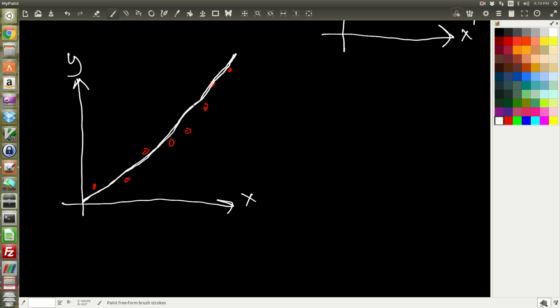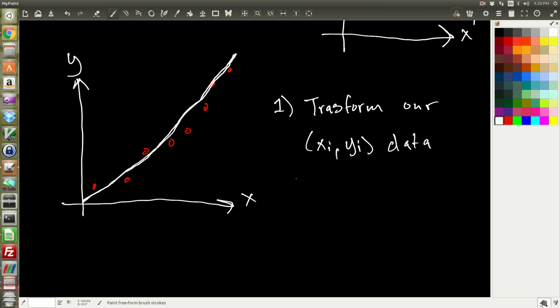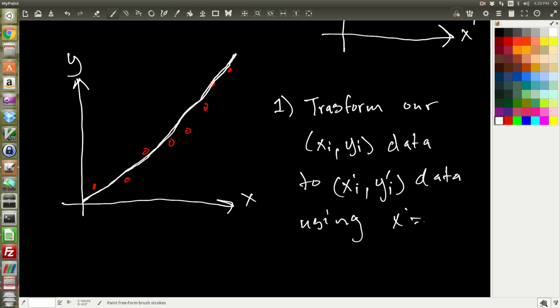Well, if we wanted to do that, what we could do is, step one, transform our xi, yi data to xi prime, yi prime data, using the relations that we talked about.